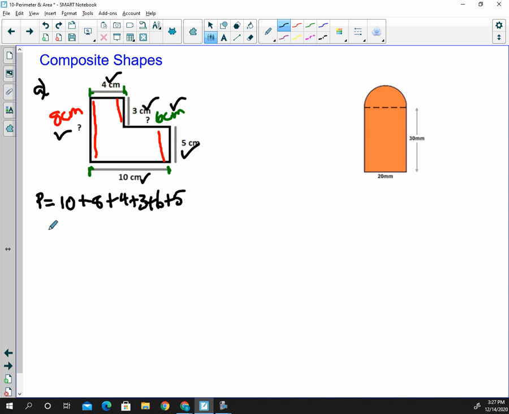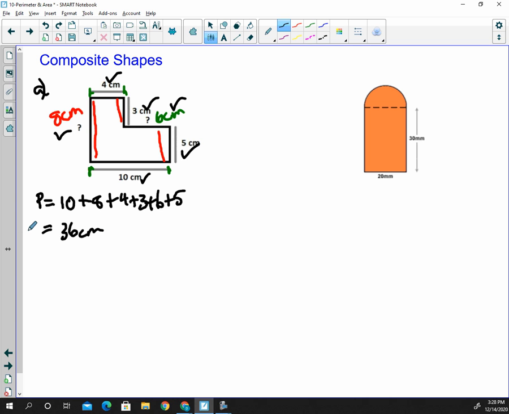And then we can add those all up. I think that adds to 36 centimeters. It might be worth double checking that. Yep, 36 centimeters. So that's the perimeter.